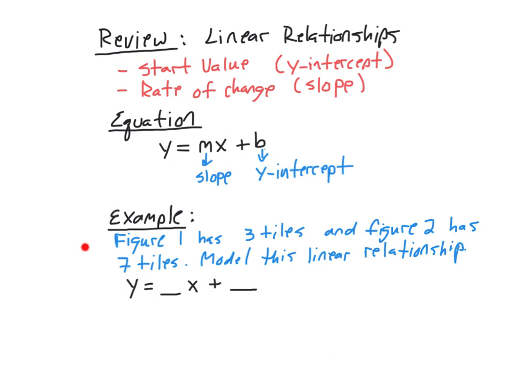Here's an example down here where figure 1 has 3 tiles and figure 2 has 7 tiles. And we want to model this linear relationship using our equation. The first question is, what's my rate of change, my slope?